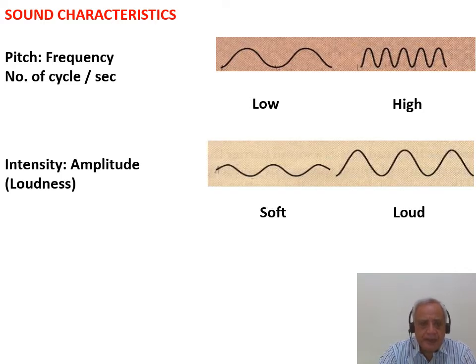The second parameter is the amplitude, the intensity of the sound, how loud it is. Is it soft, like a whisper, or is it loud? Pitch is measured in a unit called hertz, and the intensity is measured in decibels.